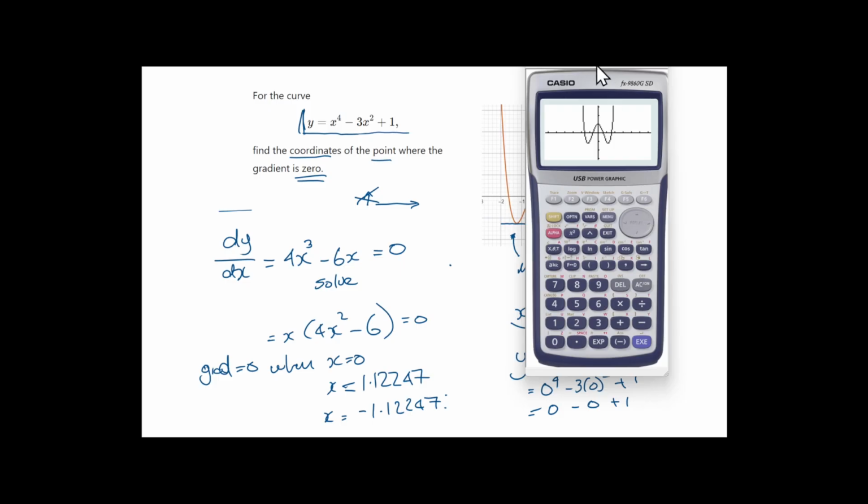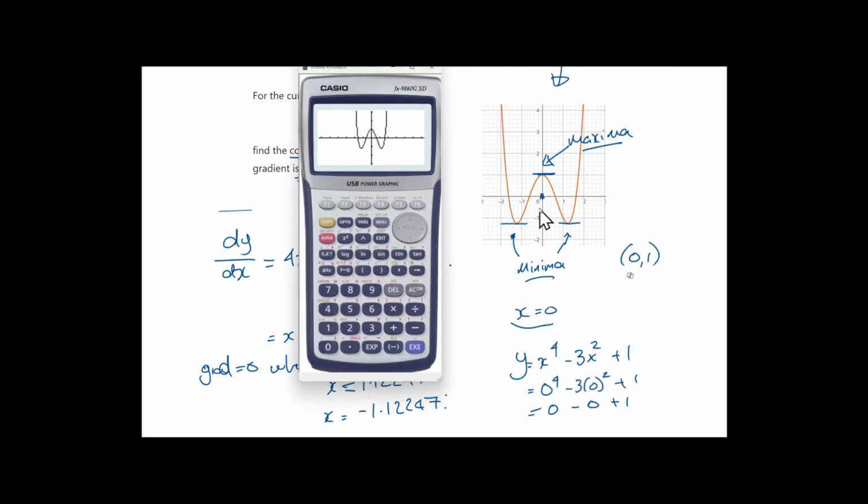We're going to draw it. You see it's the same graph. Now we're going to go to G-Solve, and now we're going to use the maxima and minima. And we know that we're looking for these two minima, so let's find the minima point, and that's what we had before. And then we go along here and find the other minima point, which is there.